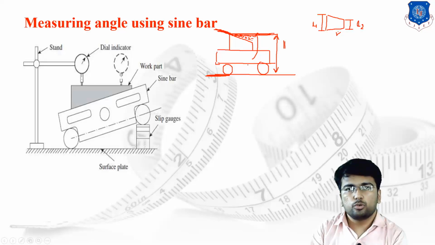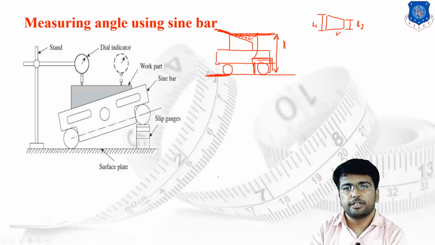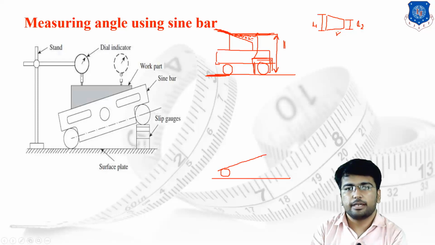So to lift the top surface, what I am supposed to do is provide some sort of slip gauge or a stack of slip gauges over here. Now in the second figure you can check, this is the second condition. Suppose this is our sine bar, and I have placed a number of slip gauges over here.